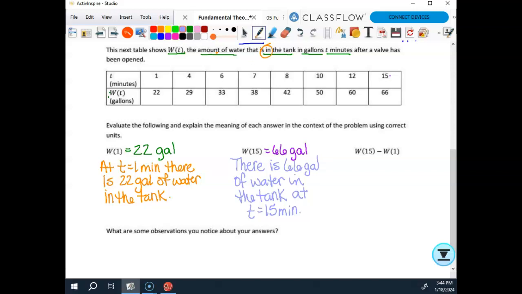Okay, so then we are supposed to find W of 15 minus W of 1. So that is going to equal 66 minus 22, and that is equal to 44 gallons.